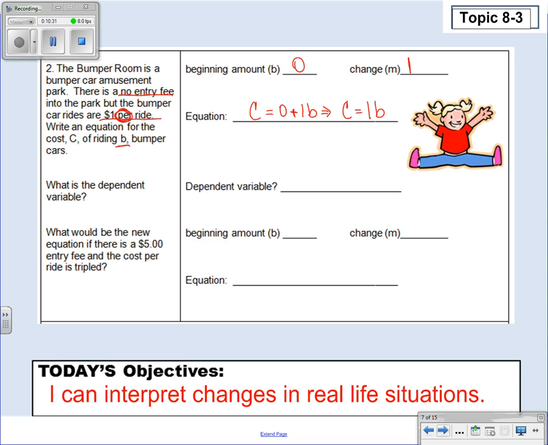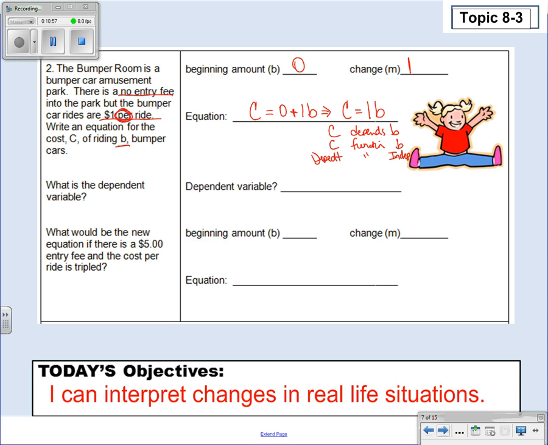Our cost is $1 times how many bumper car rides we have. Again, with the equal sign, we know that C depends on B. We also know that C is a function of B, or this is our dependent, depends on, or is a function of our independent.